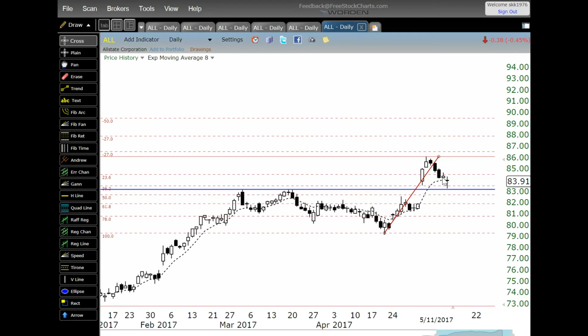Some people would like to stay longer and try to come out at a higher profit. So it all depends on you, your personality type, basically. Okay, so that is what I wanted to show you today in the Allstate Corporation stock, and let us see how it unfolds tomorrow.